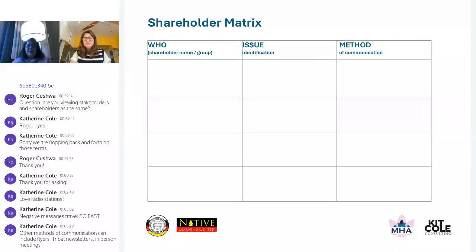And so when you're looking at a grant and you only have so much resources and you're wanting to make sure that the deployment occurs and there isn't a delay, some of these factors that we're talking about can have significant delays. And so getting ahead of that in your matrix on who, and identifying what is that issue, and then how are you going to address that to alleviate delay, right?